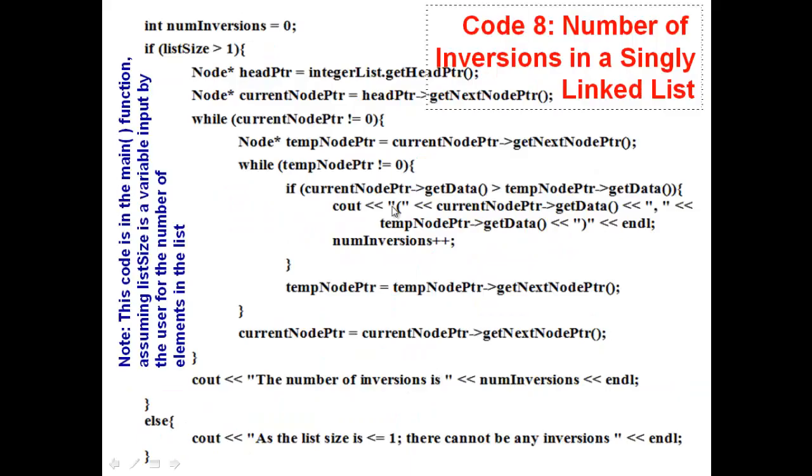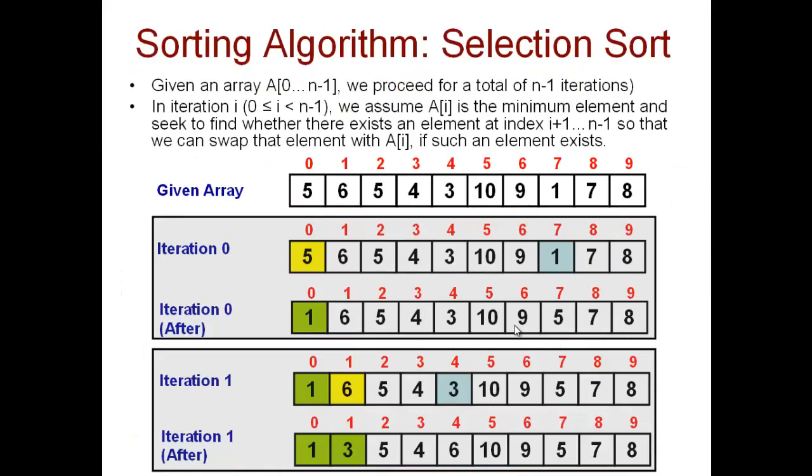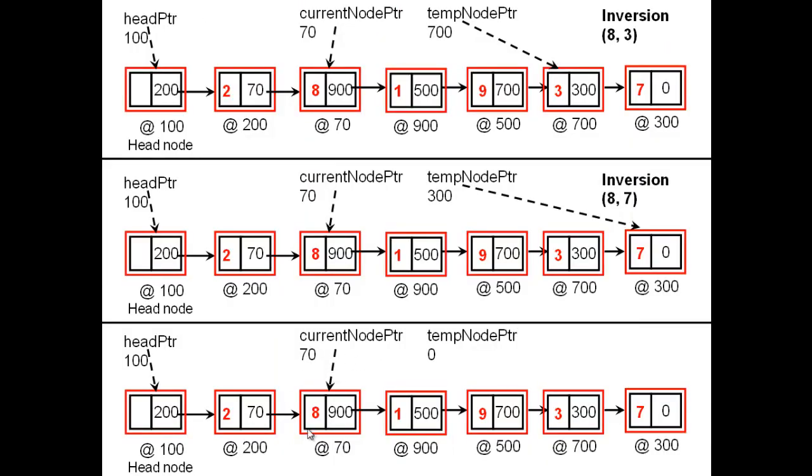So when you come out of the inner while loop, move the current node pointer to the next data node address. So that will make it like what? Current node pointer will now take up 900 as its value and point to the next data node.